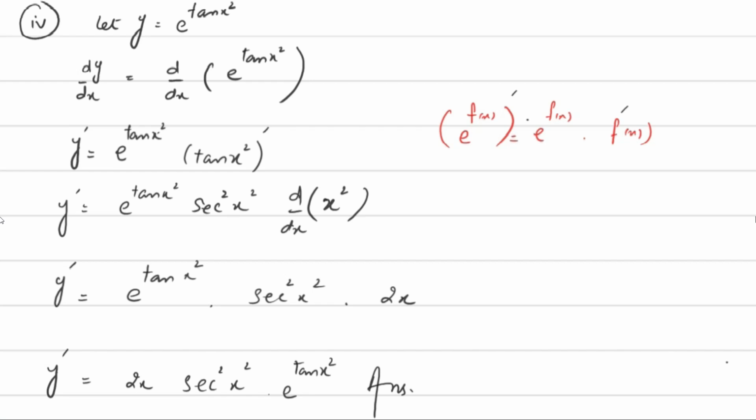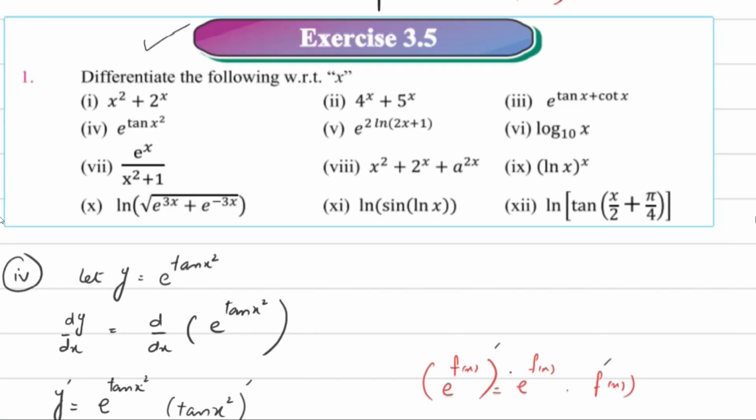Now let's move to the fifth part, that is e raised to the power 2 ln x plus 1. Let y is equal to e raised to the power 2 ln 2x plus 1.